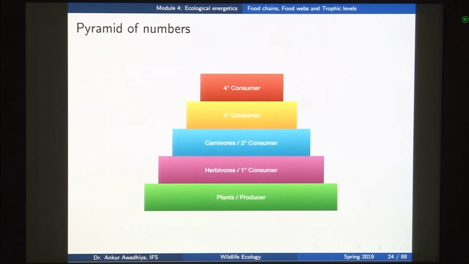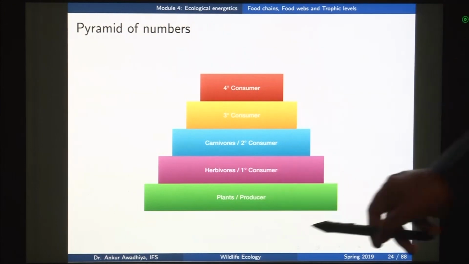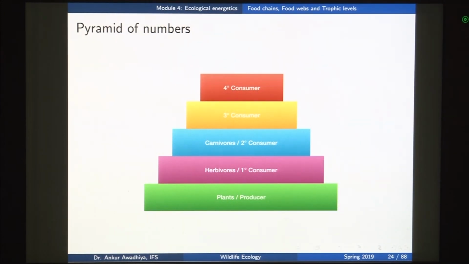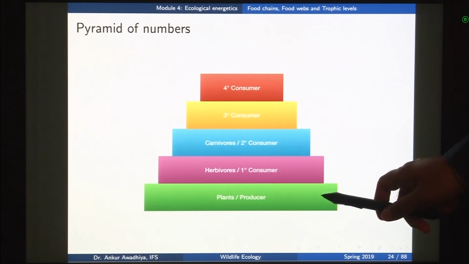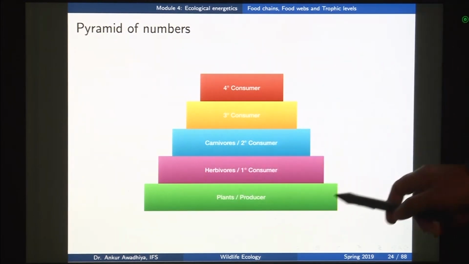In the case of the first trophic level, the plants or the producers, we will go into the field and count how many plants are there, how many individual grasses are there, and when we total up all the trees, herbs, shrubs and grasses together, we will come up with a number, and this number will be depicted by this particular portion of the pyramid.